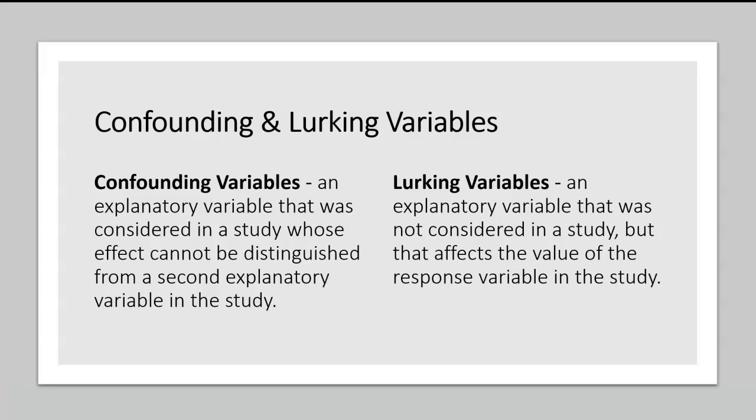Now, on the other hand, we have lurking variables, and these variables can also be used to explain what's happening with the response variable. But the difference with the lurking variable is that it was not even considered in the study. All right.